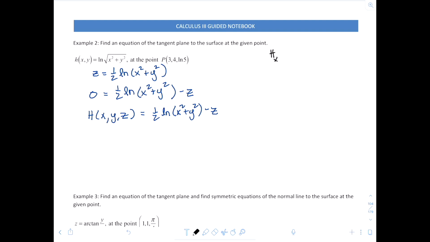So we'll just do the work over here. hx in general at x, y, and z is going to equal, treating y and z as constants, 2x over 2 times x squared plus y squared, which would just be x over x squared plus y squared.